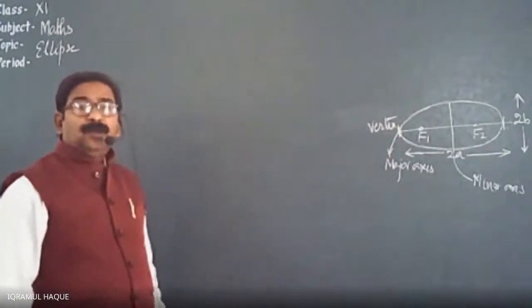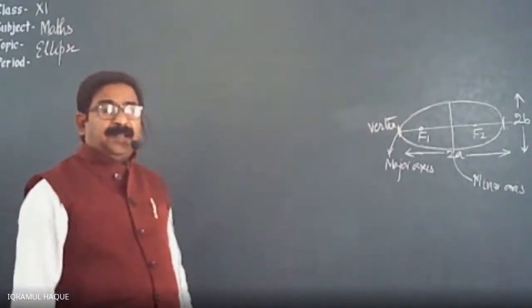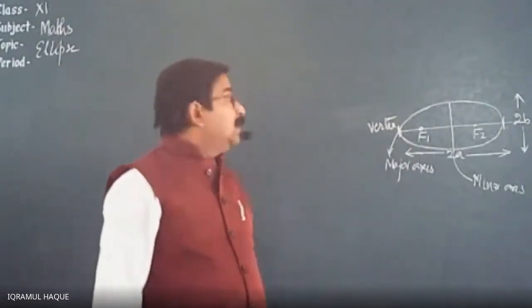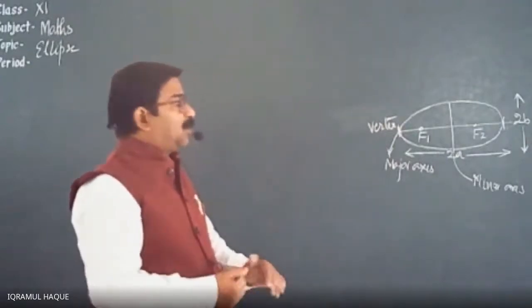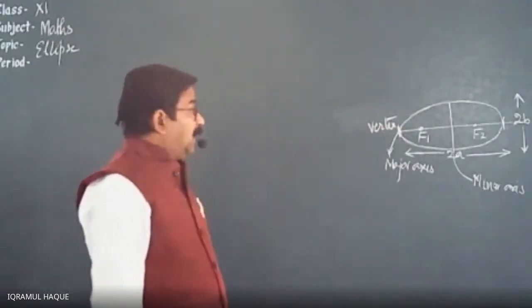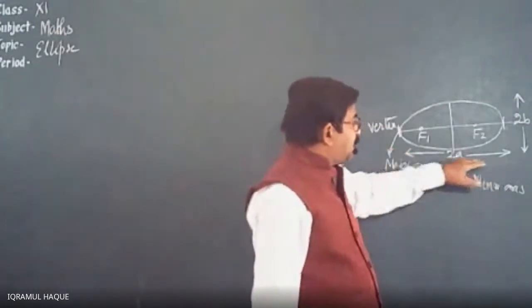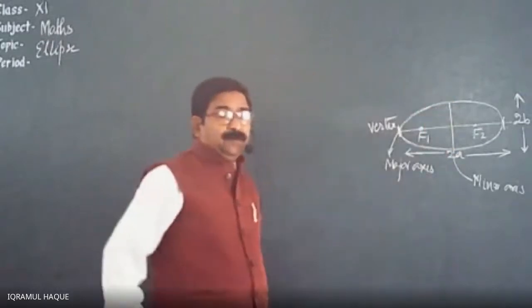So, repeating the definition: the set of all points in a plane whose sum of distances from two fixed points is constant, and these two fixed points are called foci. The length of the major axis is 2a, and the length of the minor axis is 2b.